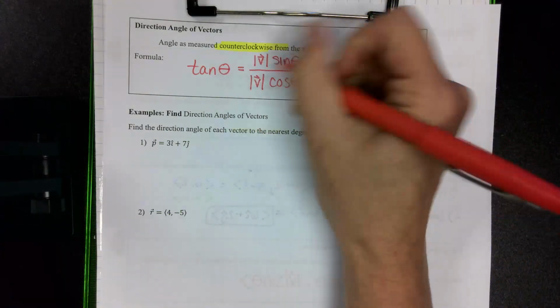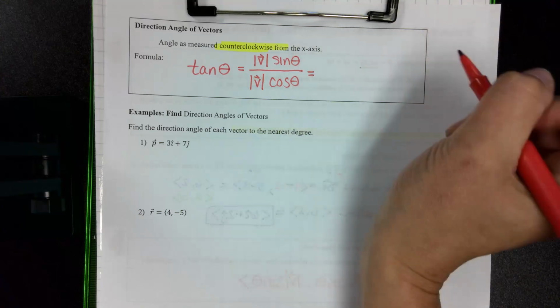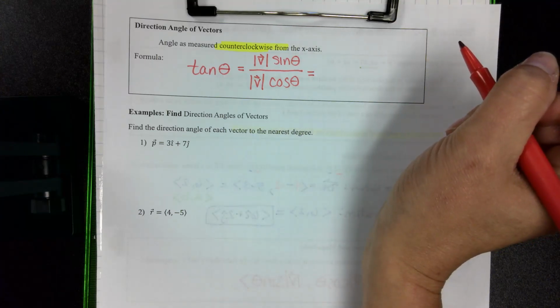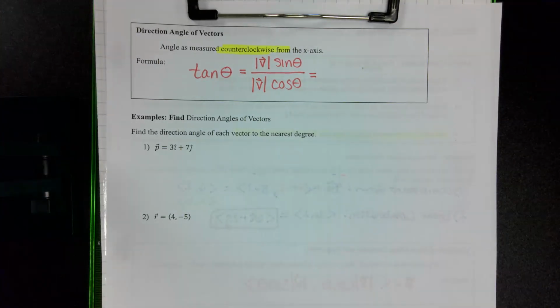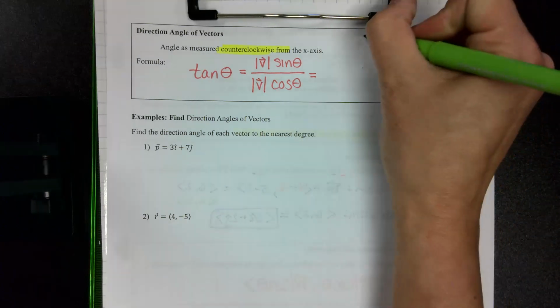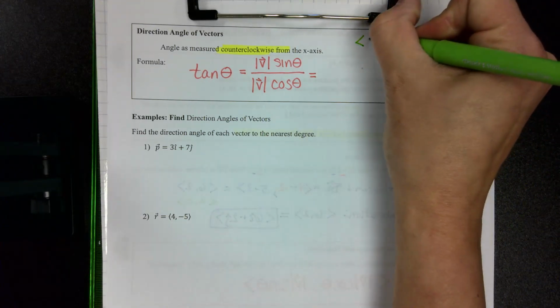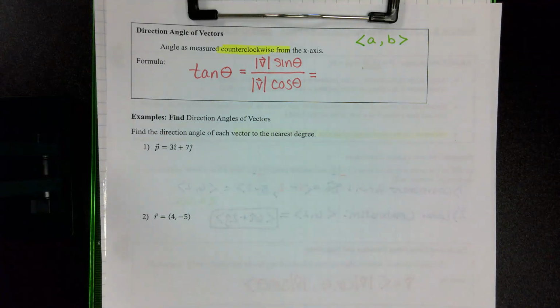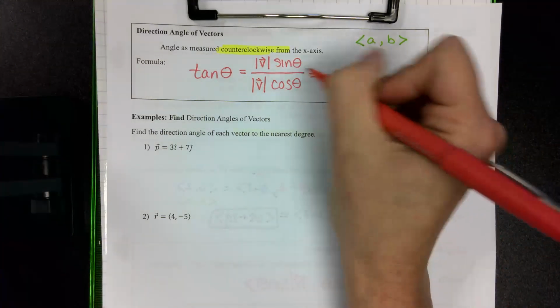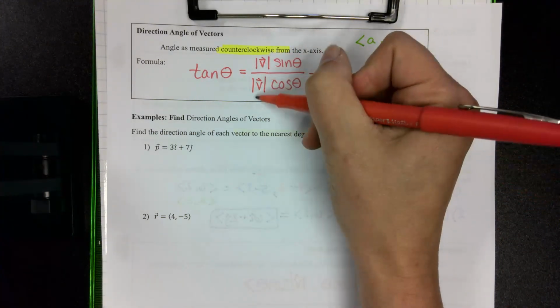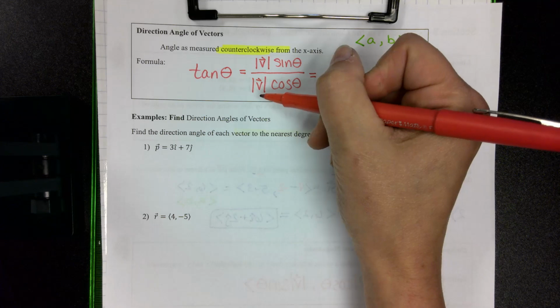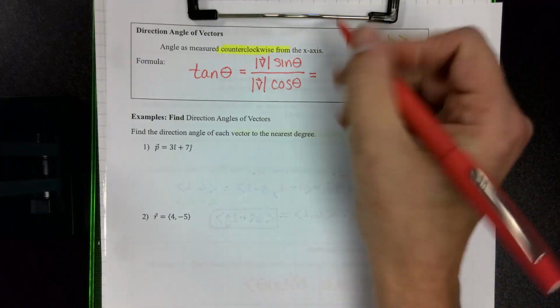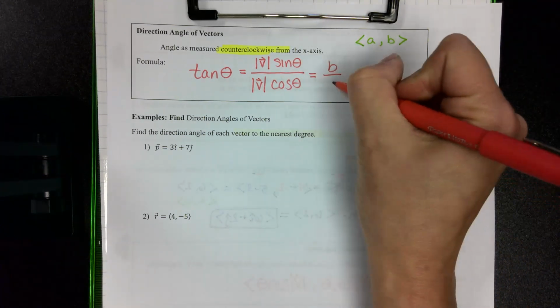So we could also summarize this as, remember with the A, B notation, the vector component form is A comma B, similar to an x and a y. And sine always went with y, so sine goes with B in this notation. If the magnitudes cancel each other out, because anything divided by itself is 1, then we have B over A.